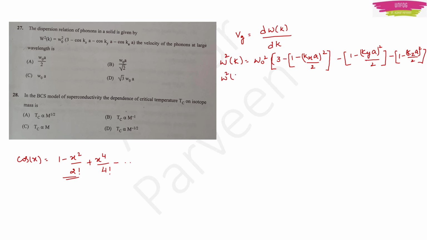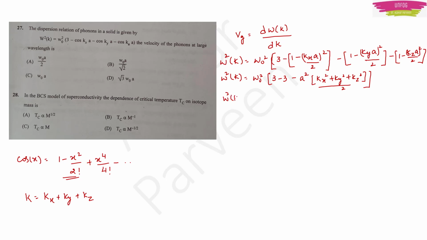So this will become omega naught square 3 minus 3 minus, if I take a square outside, then k is equal to kx plus ky plus kz, the wave vector. This will become kx square plus ky square plus kz square divided by 2.